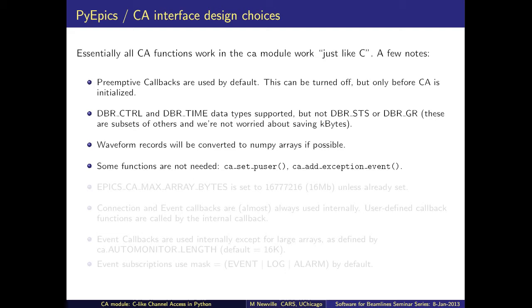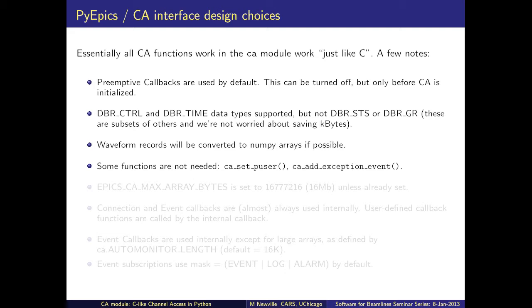So preemptive callbacks are used by default. This can be turned off, but it has to be done before you create a context, before any EPICS channel access is done. And by default, it seems to work fine. I've been using this for many years with preemptive callbacks. It's much more convenient than having to use non-preemptive callbacks and actually do pend event.